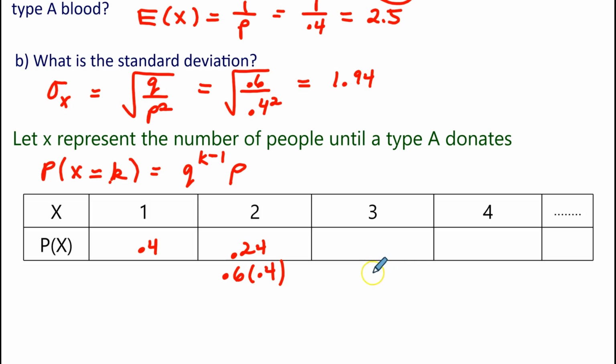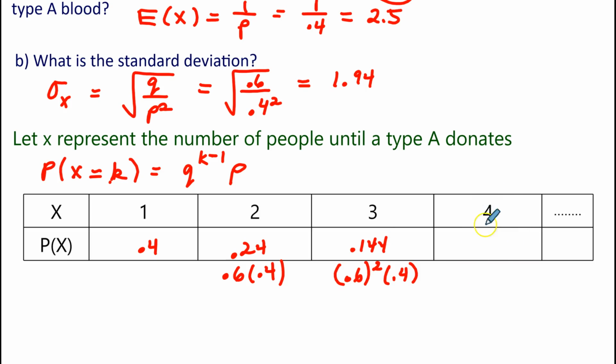Now for the third scenario, suppose I don't see that type A person until the third donor. There would be 2 people who don't have type A blood times the person with the type A blood. And when we multiply that out, we get 0.144.